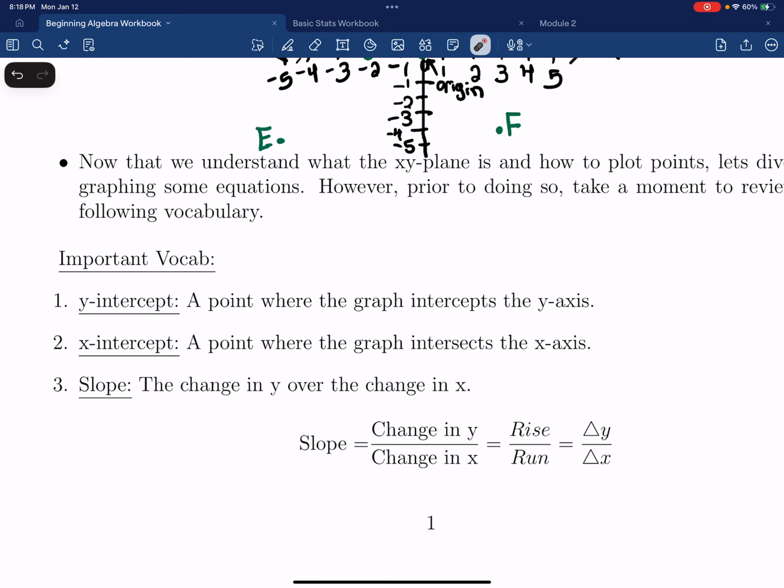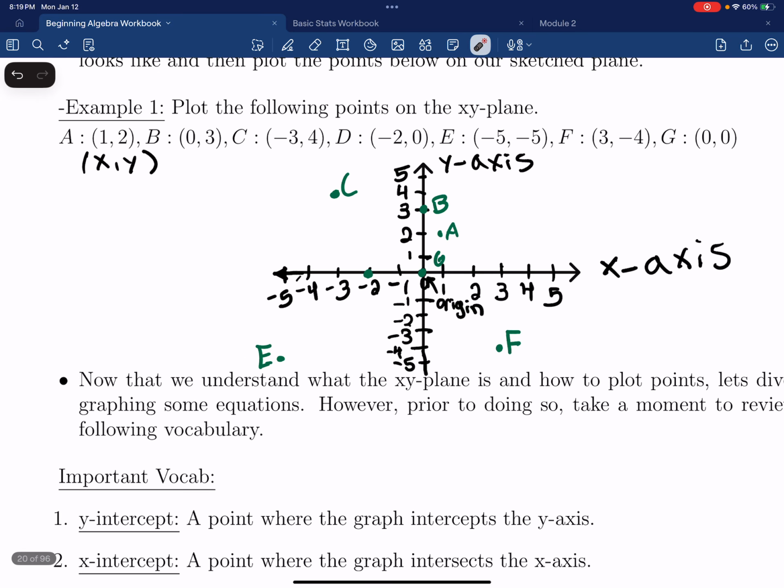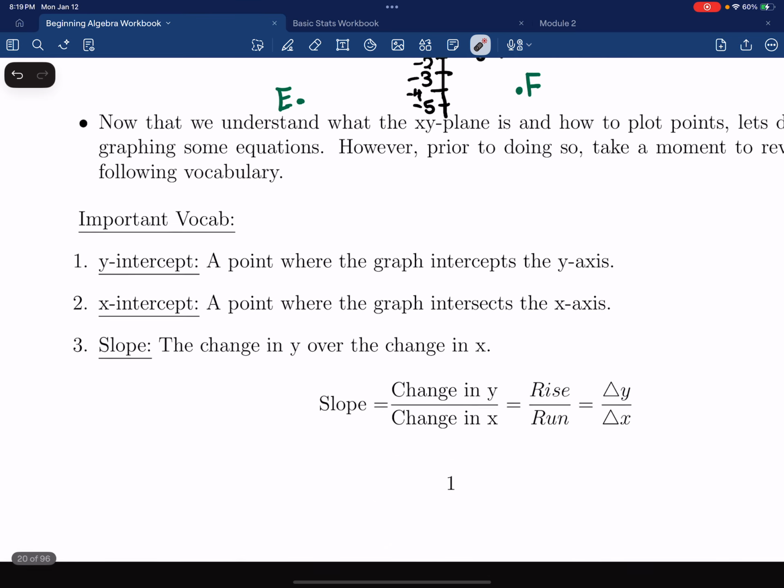In other words, most people have heard the term that slope is rise over run. So, let's say this imaginary line that I was drawing before. Slope measures how fast this line is going up and how fast it's going to the left or to the right at the same time. So that's what slope measures.